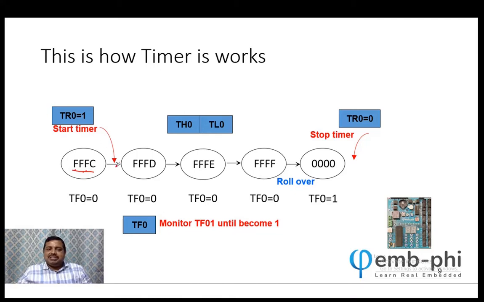Once the timer is started, after every 1.08 microsecond it increases automatically. We need not increment. Internally it will increase. And once it crosses from here to here, it will give this flag.